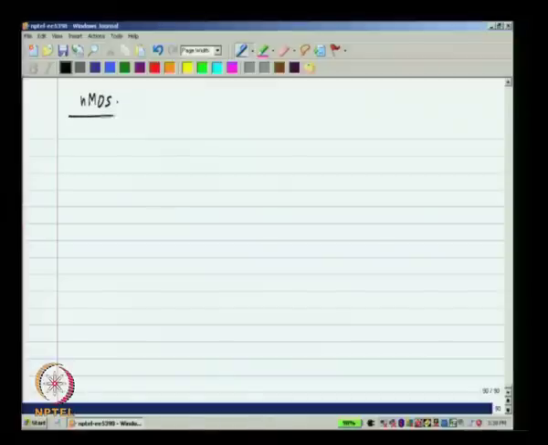Just a little more discussion on the regions of operation in the NMOS and PMOS transistor. Because we have to keep calculating this all the time in circuit design, it is extremely important to become very familiar with this. Okay.